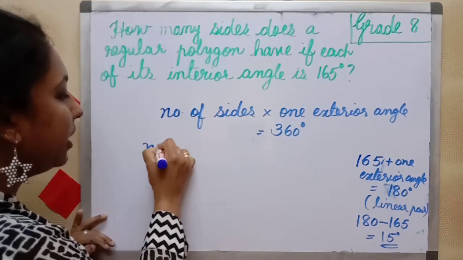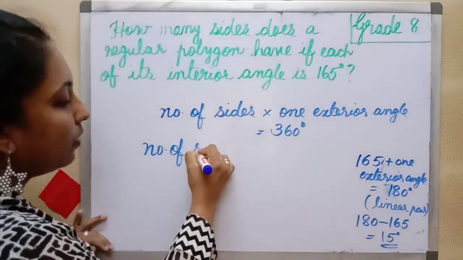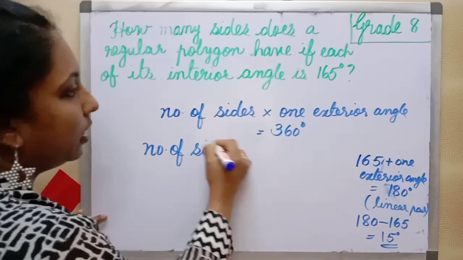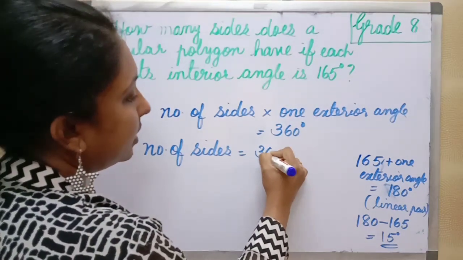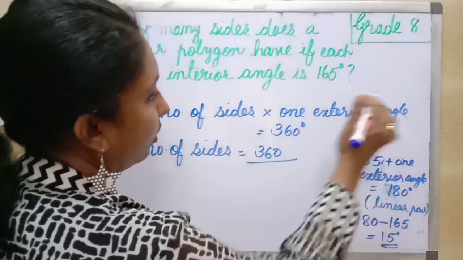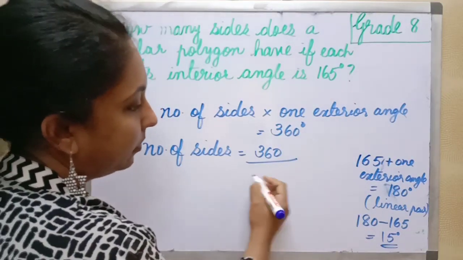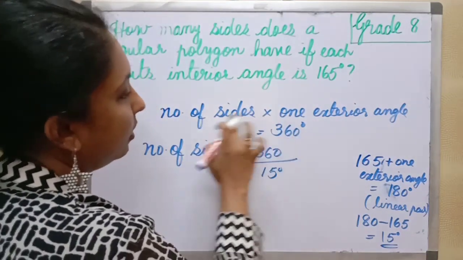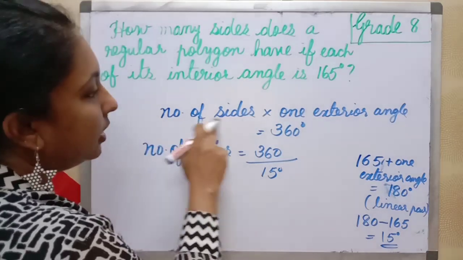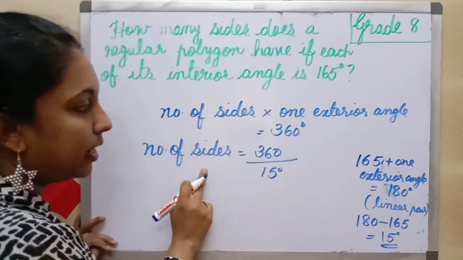So how can we find the number of sides? Number of sides is equal to 360 divided by one exterior angle, 15 degree. Here both are multiplying, so we want number of sides only.